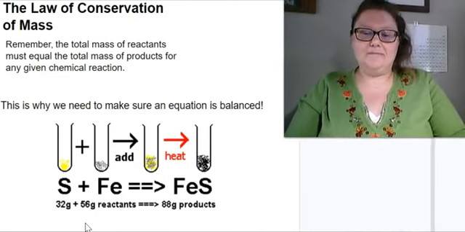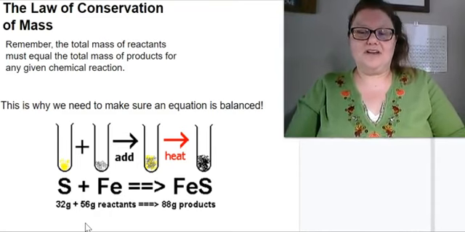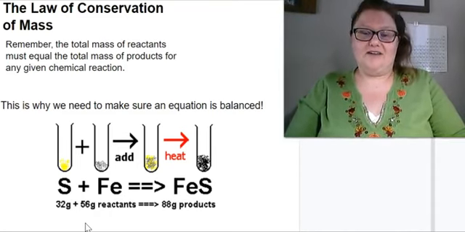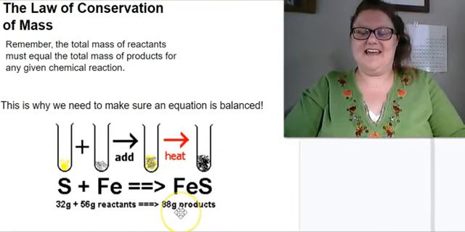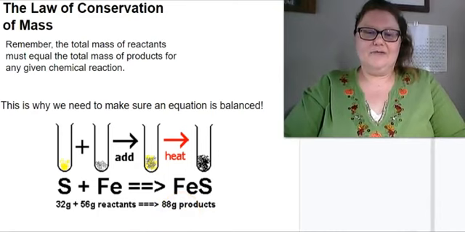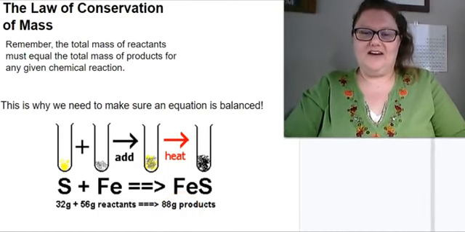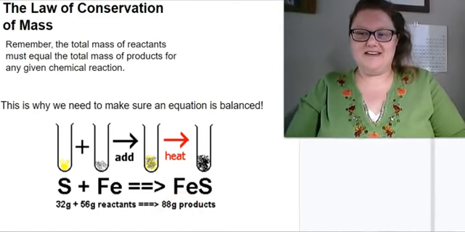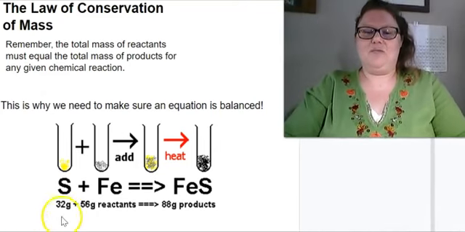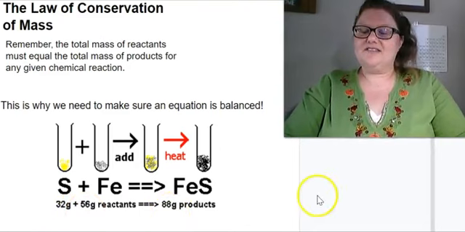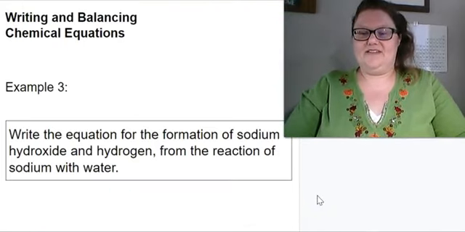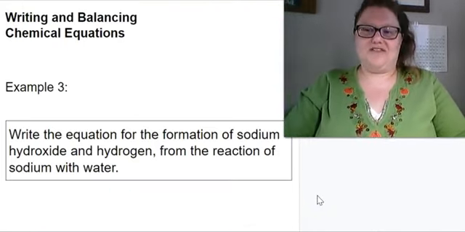When we heat them up and make this new compound, iron sulfide, we can mass that once it's cooled and see that it's 88 grams. Well, here we have the law of conservation of mass being met, because if we go back and add up 32 plus 56, that comes out to 88. And so the law of conservation of mass was abided by.